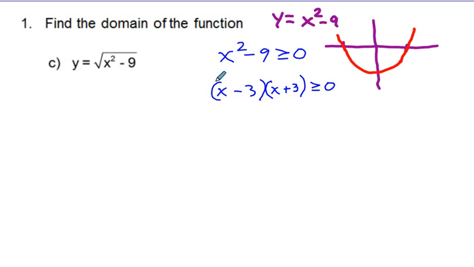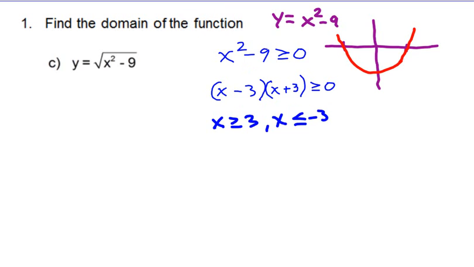What we have to have is above the x-axis, including the intercepts. So we would write down x is greater than or equal to 3, and also x is less than or equal to negative 3.